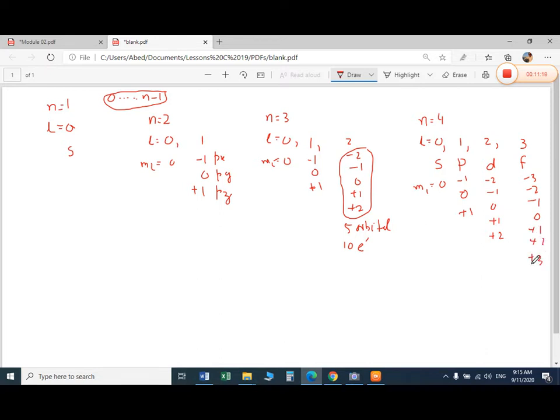So if you count it, how many numbers are here? From here to here, this will be 7 numbers. So it will be 7 orbitals and 14 electrons. So if you write this here again, to summarize all of this, when L may be equal to 0, 1, 2 or 3, then you will have the subshell name.